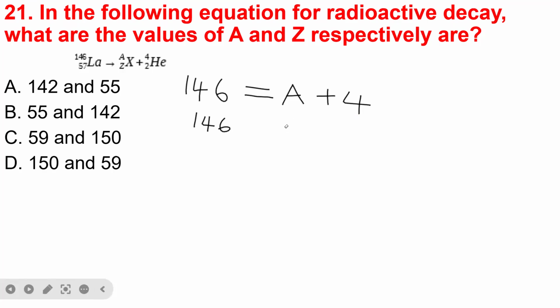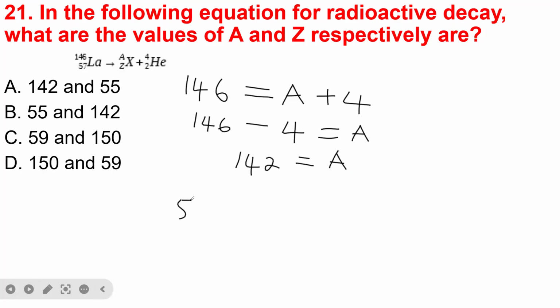So how do you do it? We take 4 to the other side, so we say 146 minus 4 is equal to A. So it means 146 minus 4, we have 142. So A is 142.